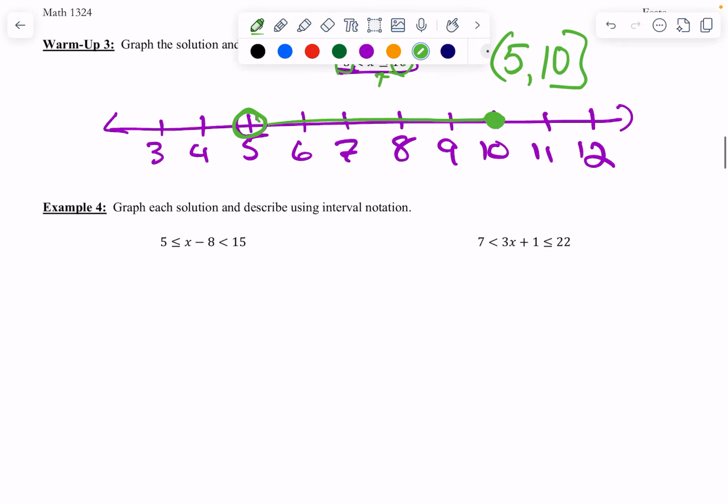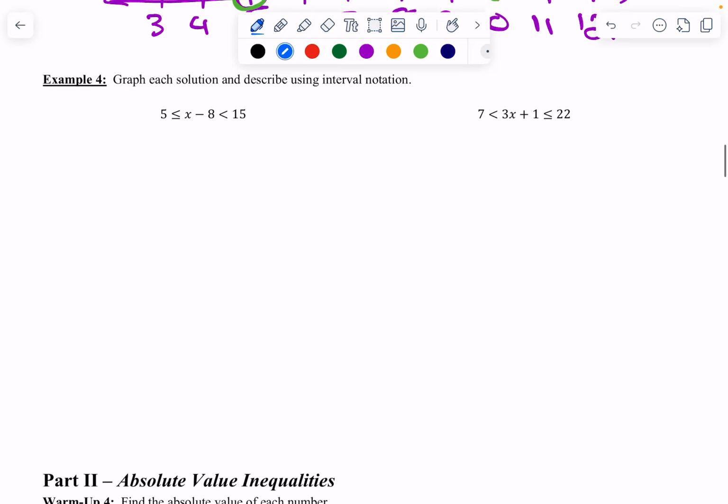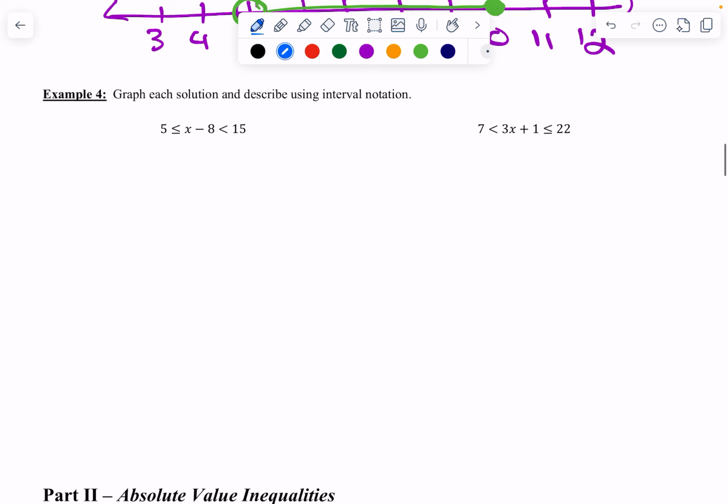Okay, let's look at this next example where we have 5 is less than or equal to x minus 8 is less than 15. What we need to do first is move this 8 and isolate the x. Now, when we are adding 8 to the middle, we have to add it to the right and to the left.